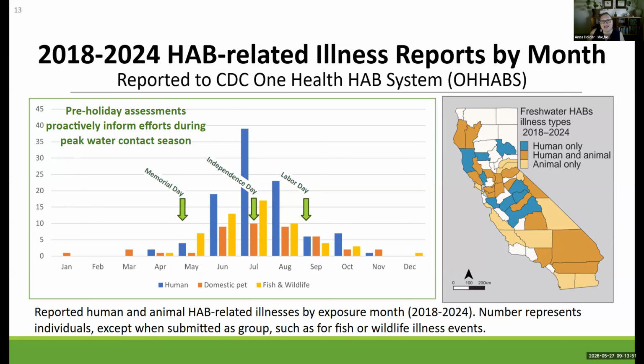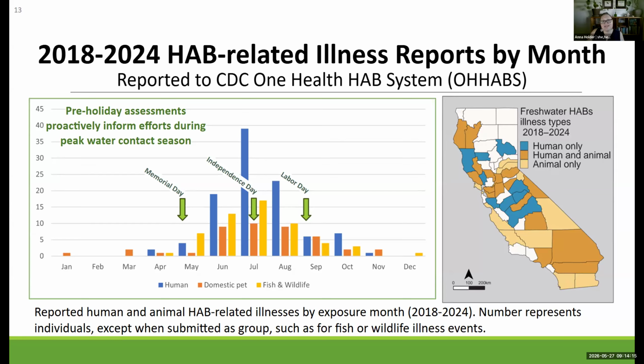And the graph on the slide shows, on the left, illness of humans, domestic pets, including dogs, and also fish and wildlife due to exposure to harmful algal blooms in water. And as you can see, the most illnesses that are reported to us occur during warmer summer months, which makes monitoring critical to inform advisories during those times.